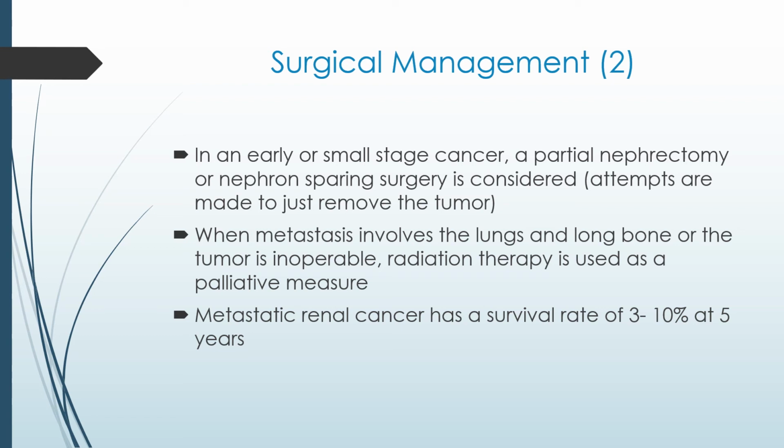So when mets involves the lungs and the long bones or the tumor is inoperable, then radiation therapy is used as a palliative measure. And again, palliative care is only for comfort, and it is only to manage the disease. I know I'm not going to cure anybody. Metastatic renal cancer has a survival rate of 3 to 10% at 5 years.